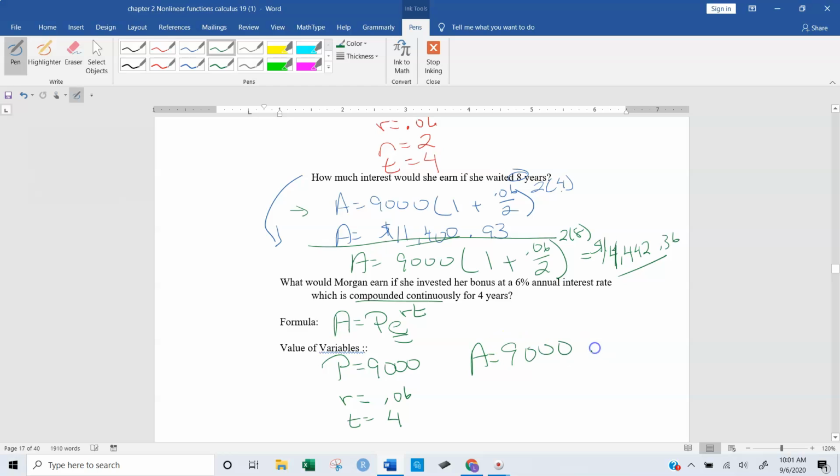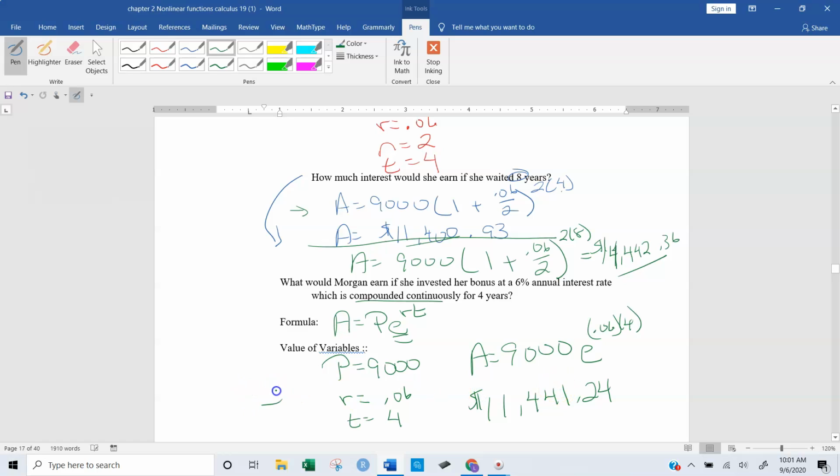So we plug this into our formula. We get 9,000 e to the rt. So this is 0.06 times 4. A little different than our other one. It's not the nt this time. Okay, type that into your calculator and you get $11,441.24. This is where she only earned about $40 more.